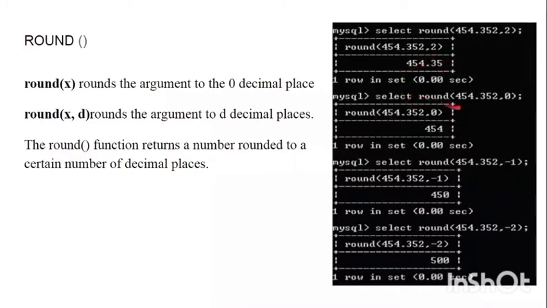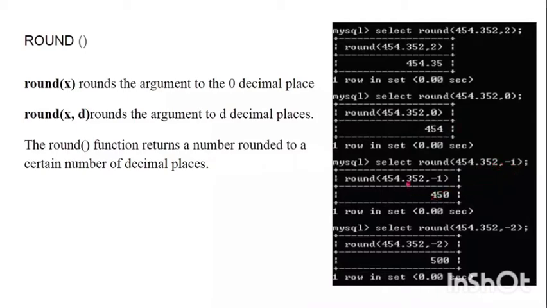Select round 454.352. Here d is 0, that is, after the decimal point 0 digits should be there. So it rounds to 454. Next is 454.352 comma minus 1.